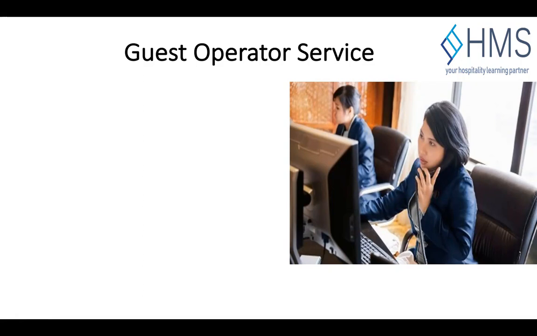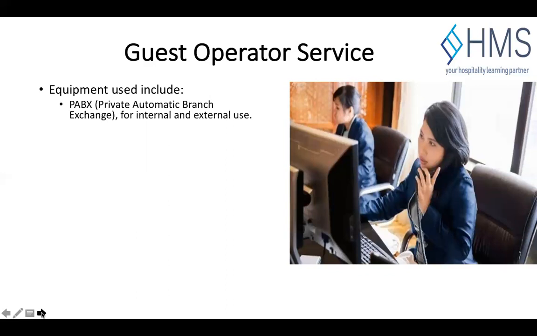Now, let us understand the different equipment that is used. Some of the equipment includes the PABX, which is a private automatic branch exchange, for both internal and external use. Internally, for example, if an in-house guest is trying to connect with the front office department or call the reception, and the line is busy, then the call is automatically transferred by default to the guest operator service, or the telephones, as we may call it.